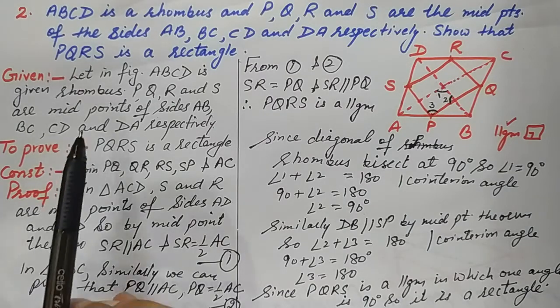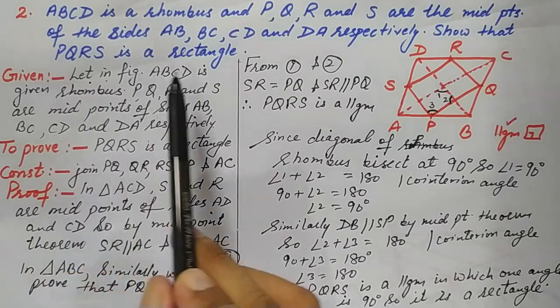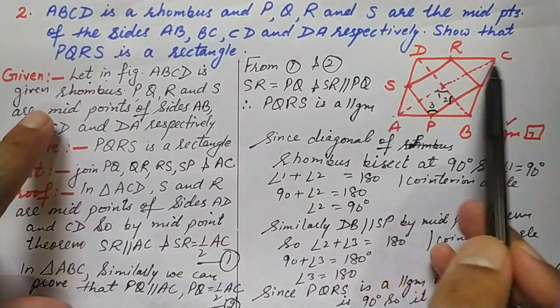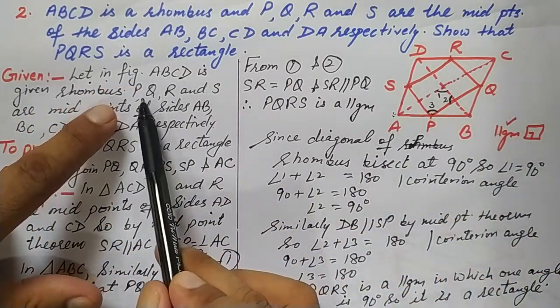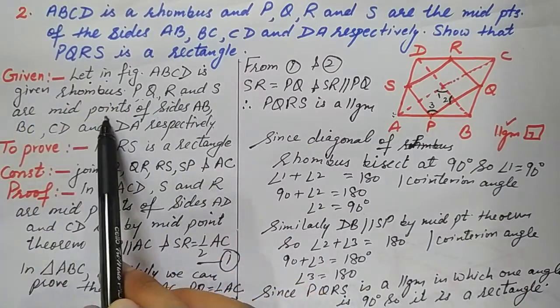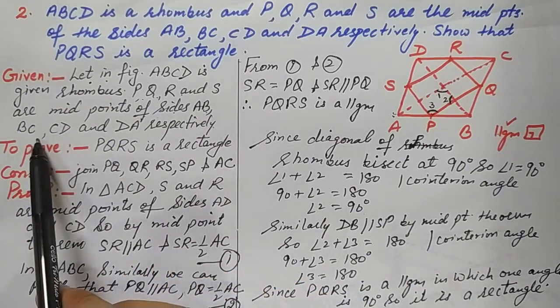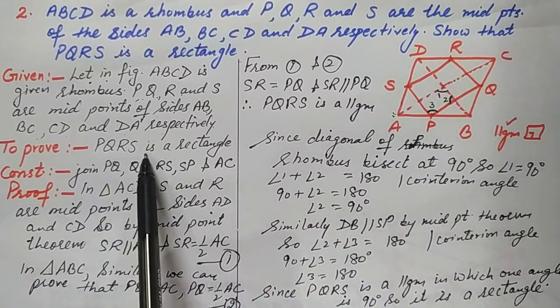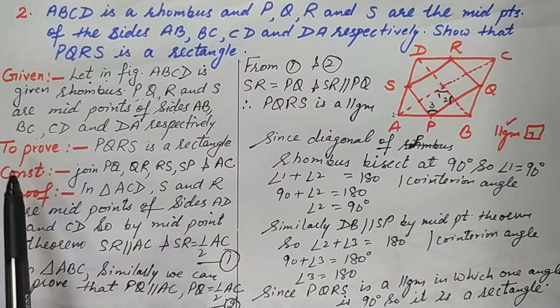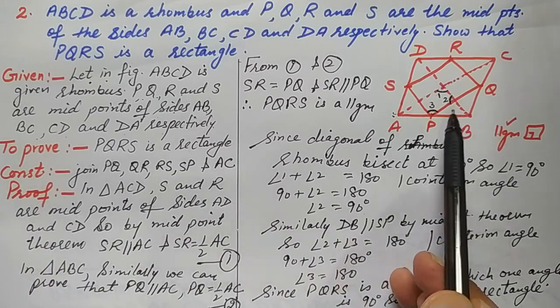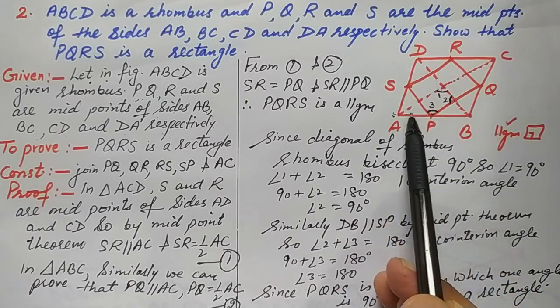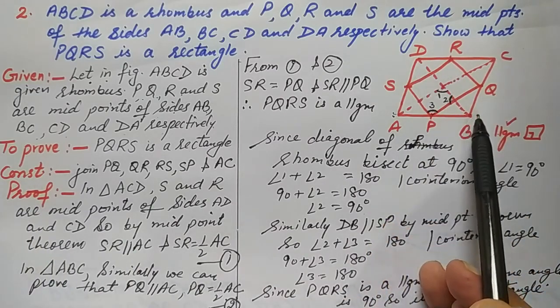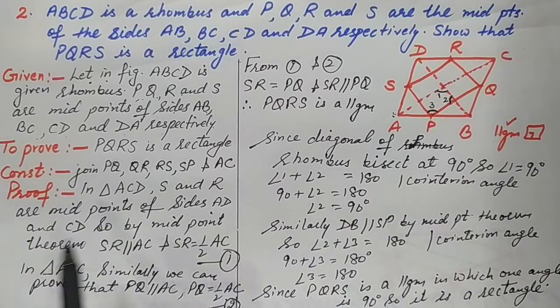Now for the written solution: let ABCD be the given rhombus, and P, Q, R, S the midpoints of sides AB, BC, CD and DA respectively. We have to prove PQRS is a rectangle. We do one construction: join PQRS, and also AC and BD. Now the proof.